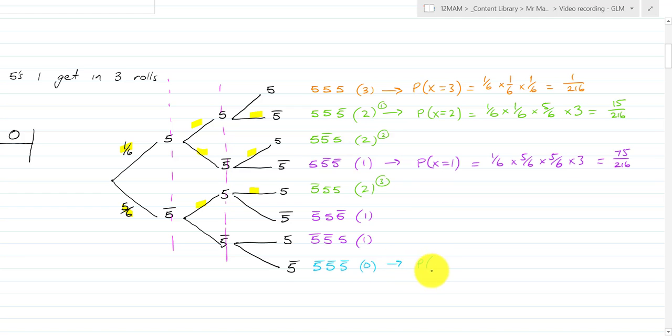The probability that x is equal to 0 is equal to 5/6 times 5/6 times 5/6, which is equal to 125 over 216. And if we have a close look here, we'll see that 1 plus 15 plus 75 is 91, plus 125 is 216 out of 216. So the probabilities all add up to 1, which is what we expect.